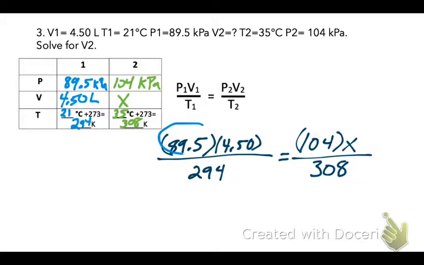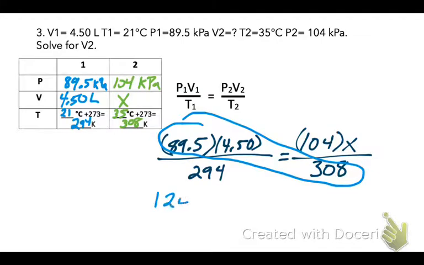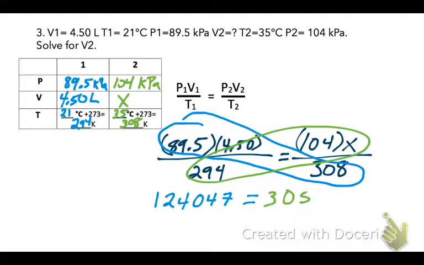I'm going to multiply all of these numbers together and get one answer. So 89.5 times 4.50 times 308, and you get this nice big number. Ready? 124,047, so 124,000-ish is equal to, then we multiply the other side. So 294 times 104 times x, and I get 30,576 x.